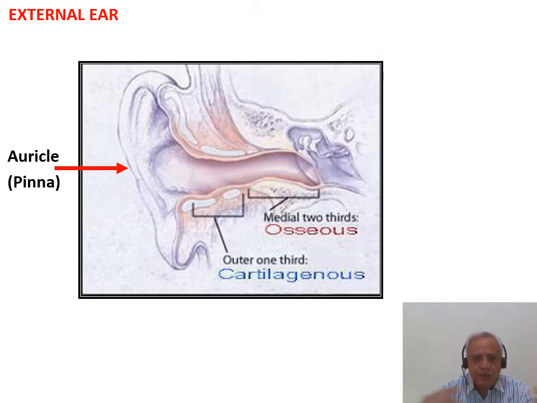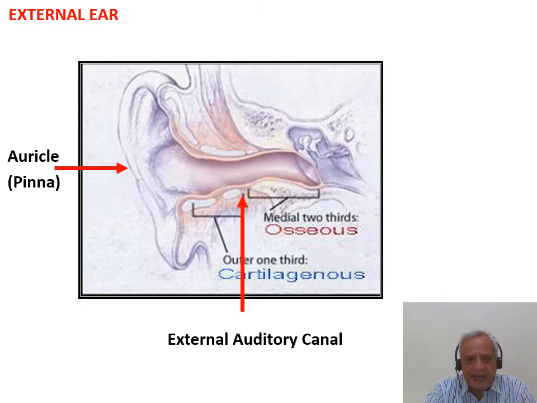This auricle or pinna continues as a canal, the external auditory canal. So when you say external ear, you mean the auricle and the external auditory canal. The external auditory canal is formed of two parts, one cartilaginous toward the auricle, or laterally, and an osseous part which is toward the middle ear.